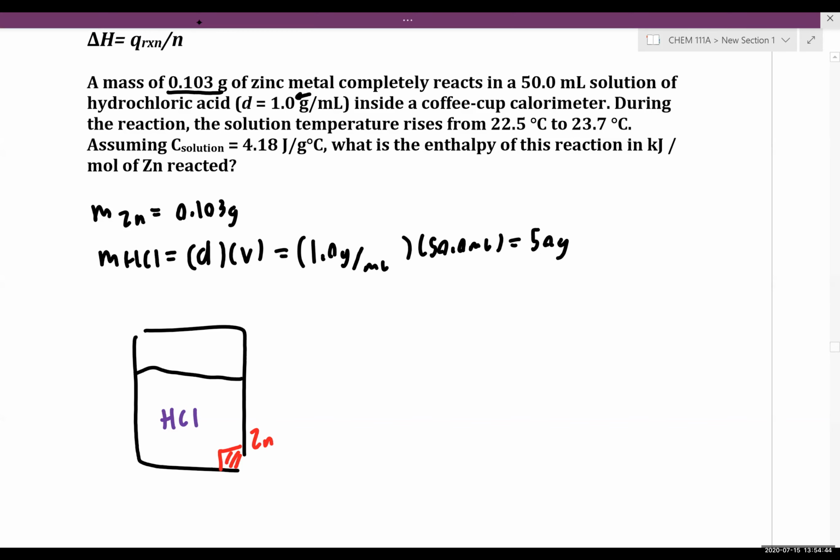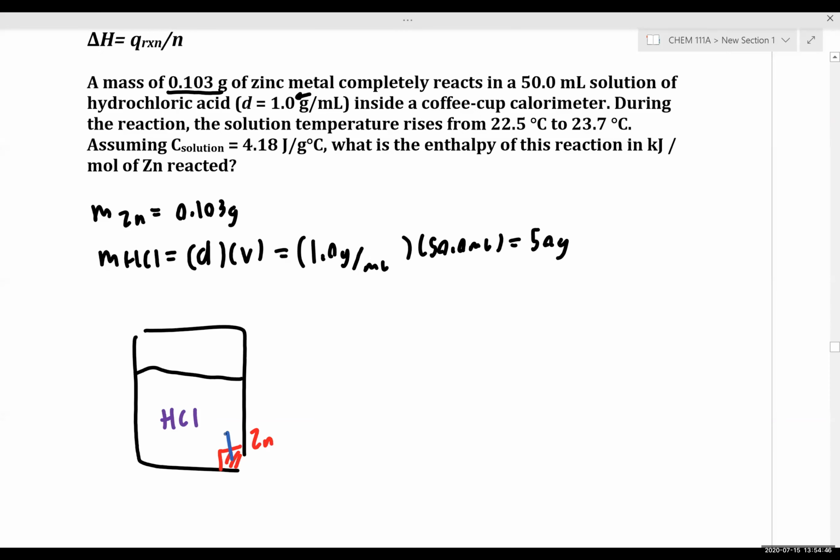They will react, and in turn, heat will be released into our solution.